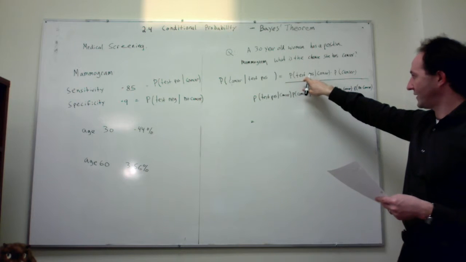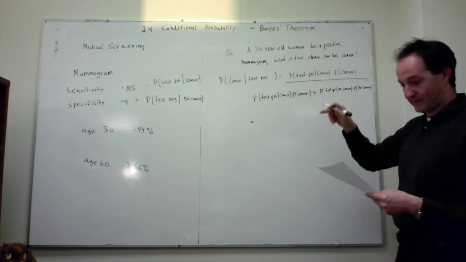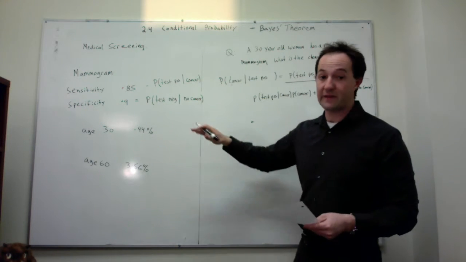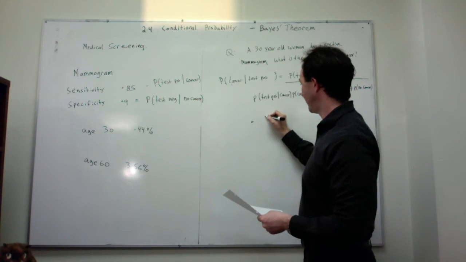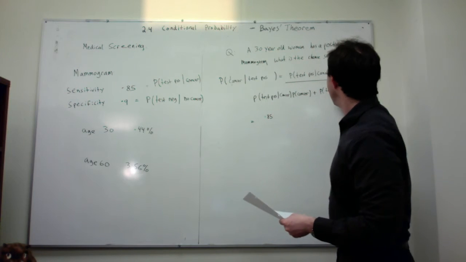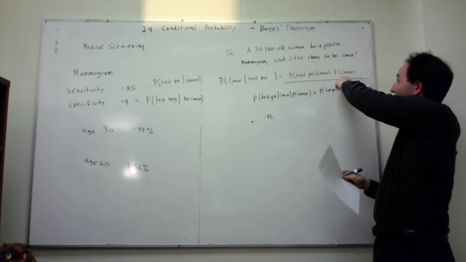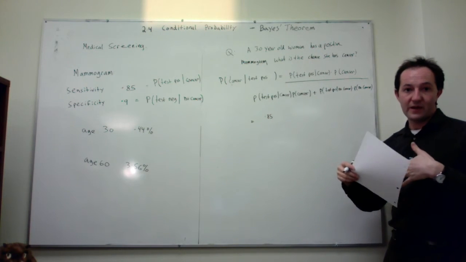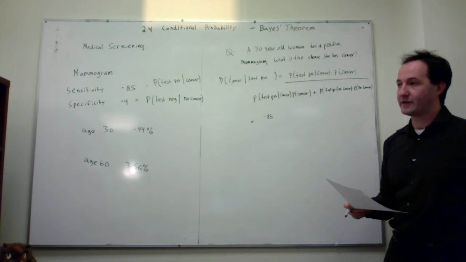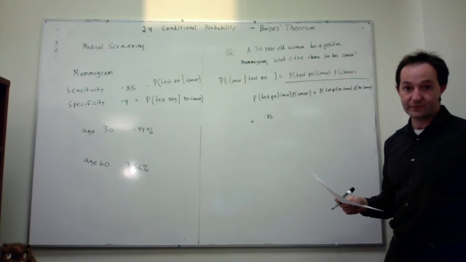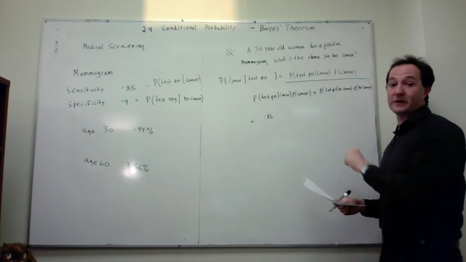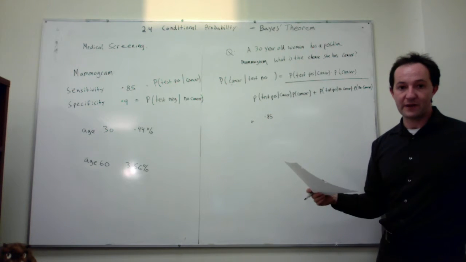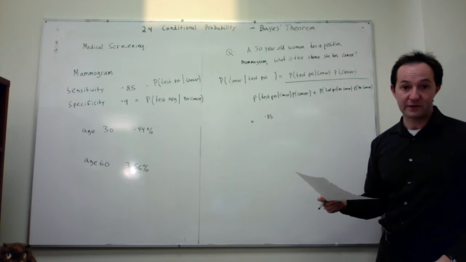This probability of testing positive, given that she has cancer, is exactly the sensitivity of the mammogram. So that's 0.85. The probability that she has cancer is where the patient's general risk enters into the picture. The unconditional probability that she has cancer is, before you know anything about that test result, the probability that this person has cancer.